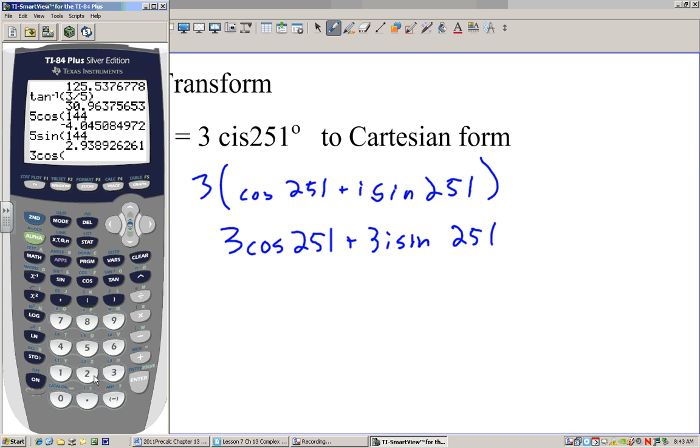And now we just do the calculator work. 3 cosine 251. I could even probably do second enter and just change that cosine. Oh, I did that. I didn't see that. I did 2,511. So let's do that again.